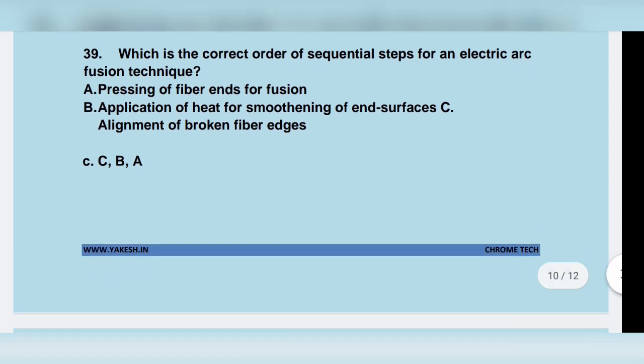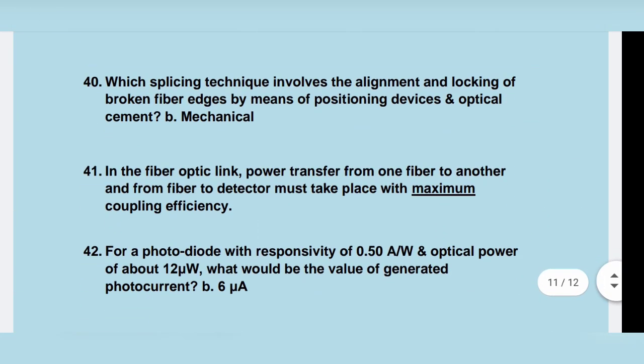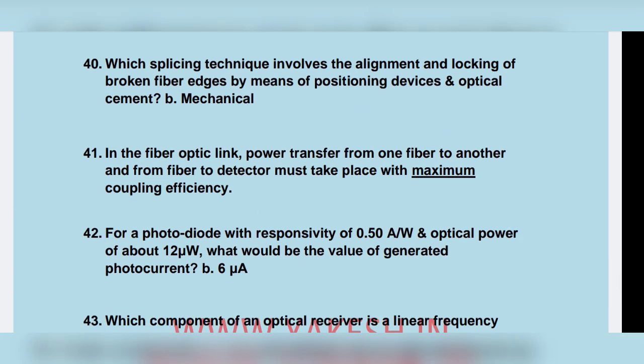Which is the correct order of sequence steps for the electric fusion technique? Option C. Which splicing technique involves the alignment and locking of the broken fiber edges by means of positioning devices and optical cement? Mechanical. In the fiber optic link, power transfer from one fiber to another fiber or detector must take place with maximum coupling efficiency.